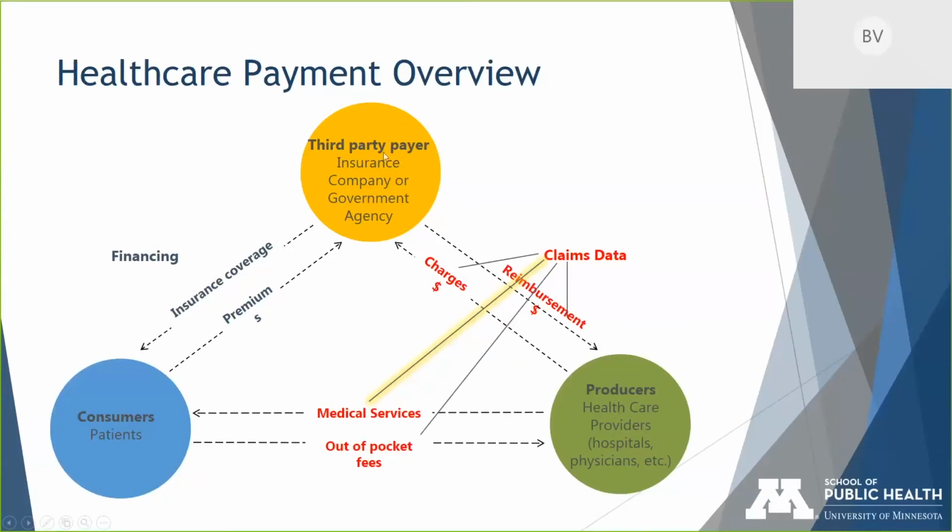Medicare provides insurance coverage to the patient, which means that they reimburse the provider for most of the charges. Providers, instead of sending charges directly to the patient, send them to the third-party payer, and that's why we get to observe them, because a bill was sent from a provider to Medicare, and that's what we see.